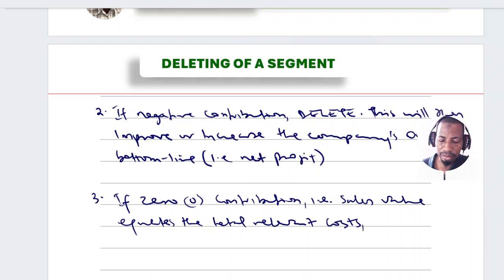In this case, what should the company do?